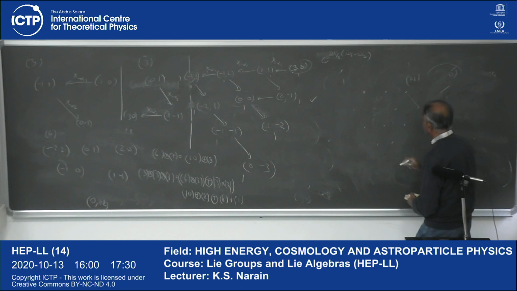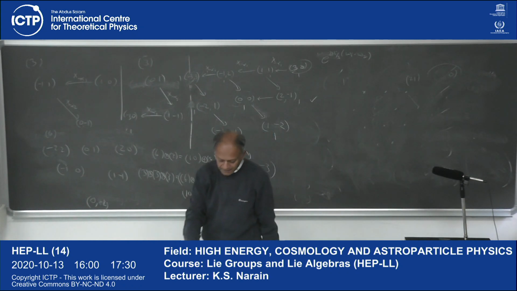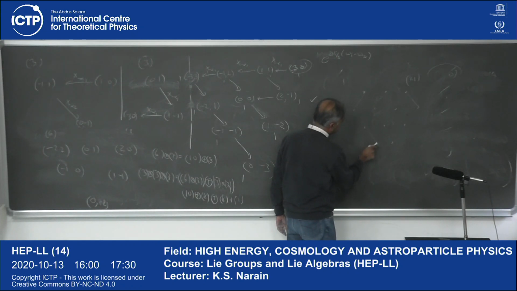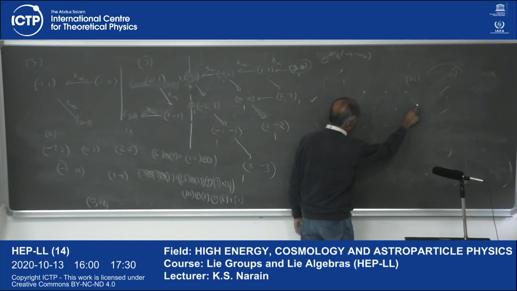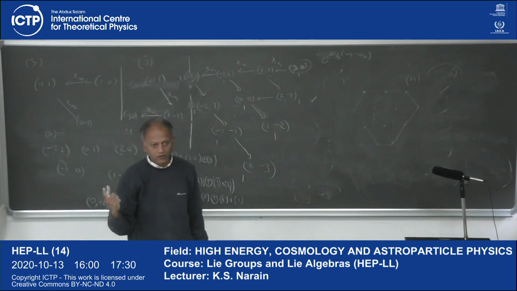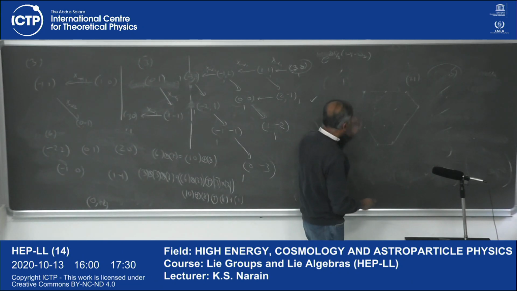This was a 10-dimensional representation. In such cases, if you look at the periphery, the boundary, all the states have multiplicity only 1. Then the inner one will have multiplicity 2.